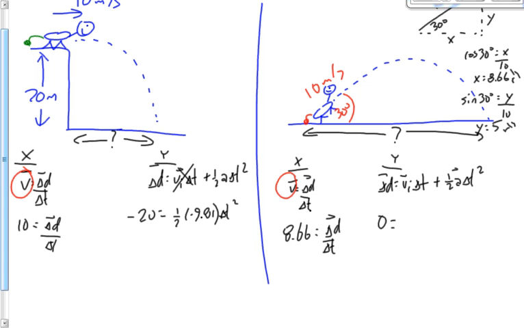There's the second difference in these 2 problems. The horizontal velocity is different, and the vertical displacement is different. In these problems, it's going to be the height of the building. In these problems, it's going to be 0. What's VI for the y component?